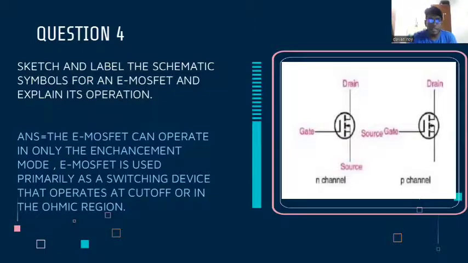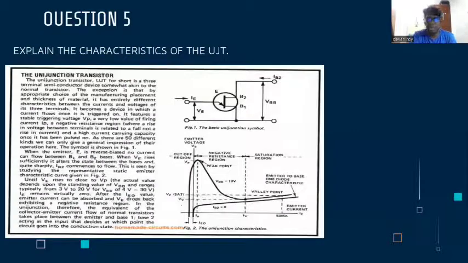Another one is question 5: explain the characteristics of the UJT. The unijunction transistor, UJT for short, is a three-terminal semiconductor device, somewhat akin to the normal transistor.